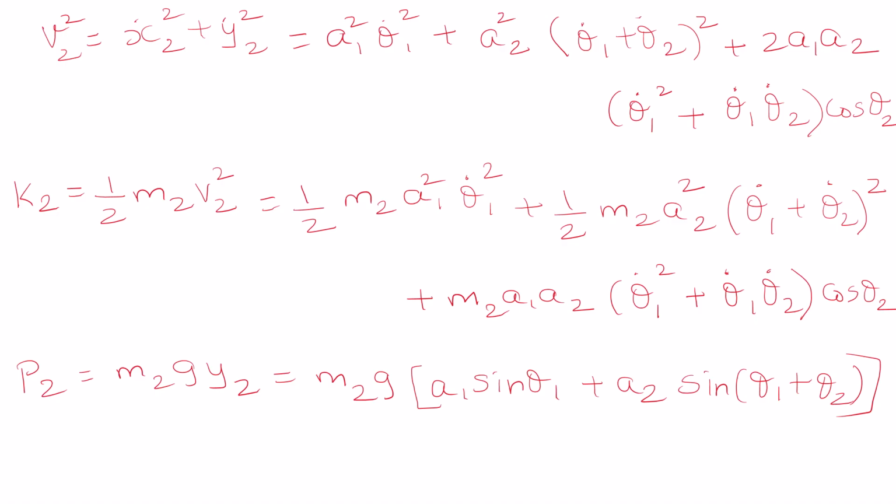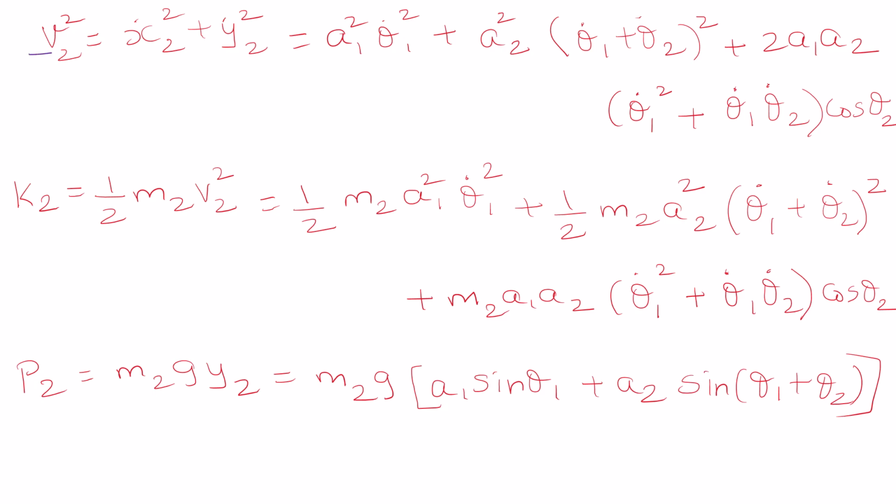If I take the squares and sum them up, we'll be getting a1 squared theta 1 dot squared plus a2 squared into (theta 1 dot plus theta 2 dot) squared plus 2 a1 a2 times (theta 1 dot squared plus theta 1 dot theta 2 dot) into cos theta 2. So this is the velocity.